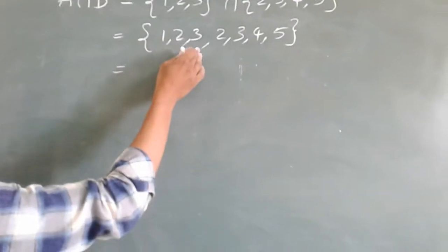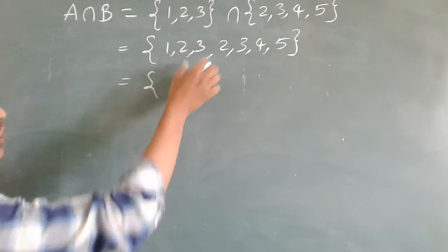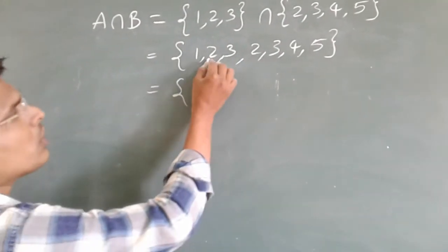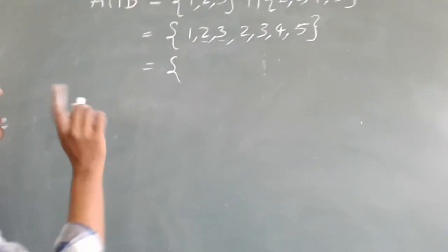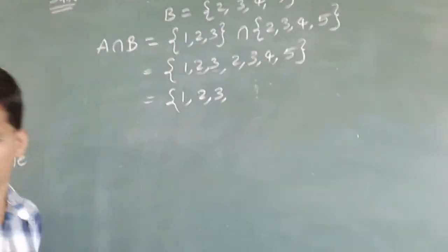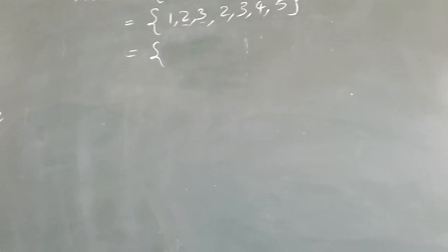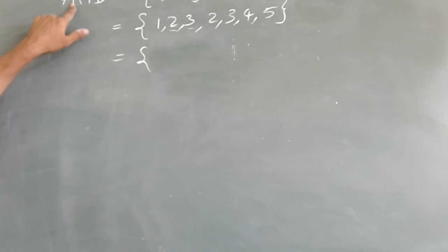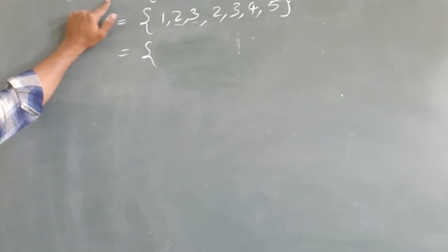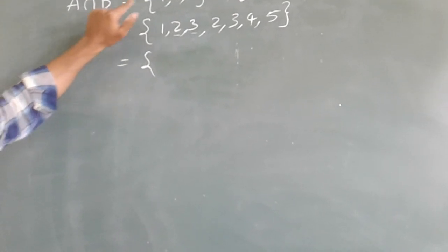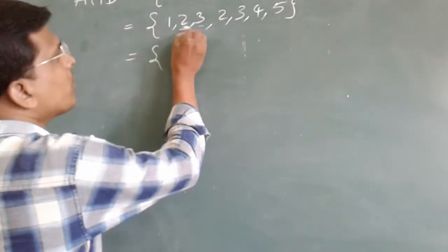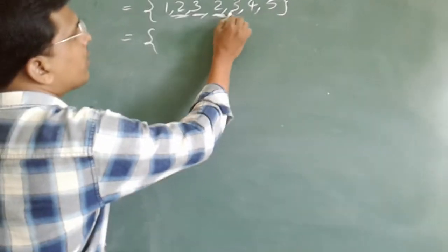If you observe here, we have written in roster form. In roster form, the elements should not be repeated. But here the numbers 2 and 3 are repeated twice, no? So write them only once. Here we are doing the operation A intersection B. In A intersection B, what do we have to do? We have to choose the common elements which are present in both A and B. Here 2 is repeating and 3 is repeating.